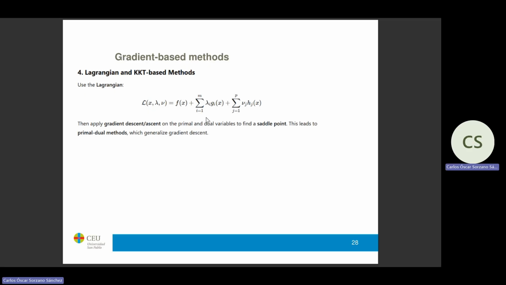So you apply gradient descent, but now your variables are x and lambda and nu. These are a family of methods also called primal dual methods. And these primal dual methods are a generalization of gradient descent, because gradient descent only cares about the x. Here now you care about x and lambda and nu. Any question?